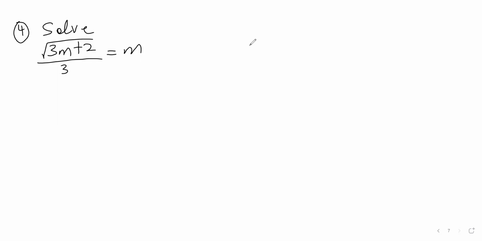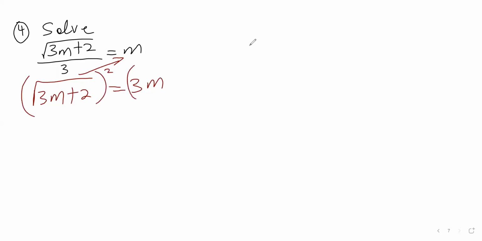I prefer to cross multiply before I square. So my 3 moves to this side. Okay, then it becomes radical 3m plus 2 equals 3m. Now I want to square both sides to get rid of the radical symbol. Then I'll end up with 3m plus 2 is equal to 9m squared.